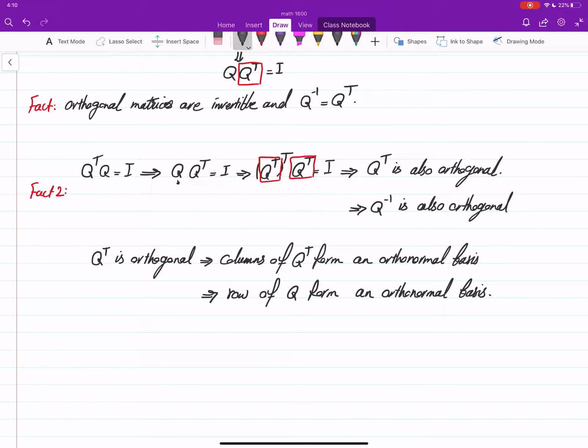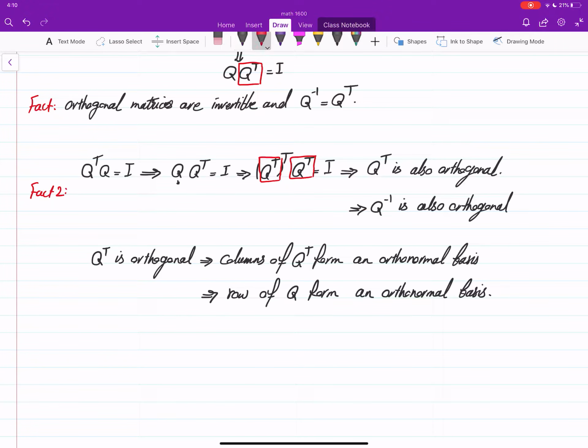Isn't it interesting? We started with a matrix Q whose columns form an orthonormal basis. Now we can conclude that the rows are also an orthonormal basis.